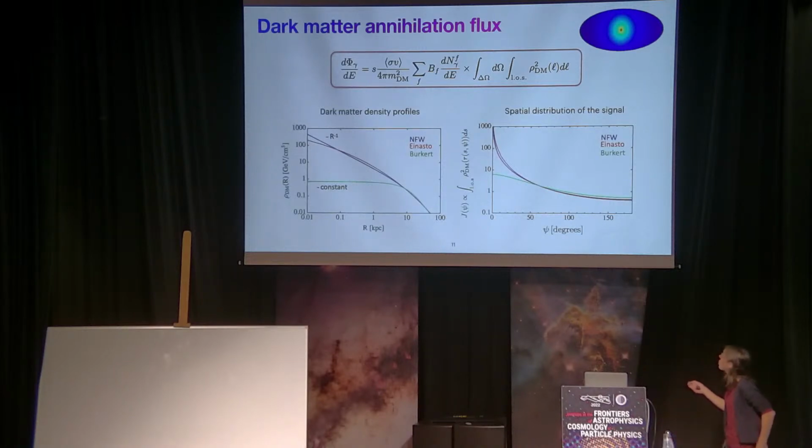As for the geometrical factor, if you were to compute what is the expected gamma ray map from this kind of process, you would expect something like this for a typical cuspy profile, so a Navarro-Frenk-White profile here, where you see it is a very smooth signal that does not have strong spatial features except for the bright spot at the galactic center.